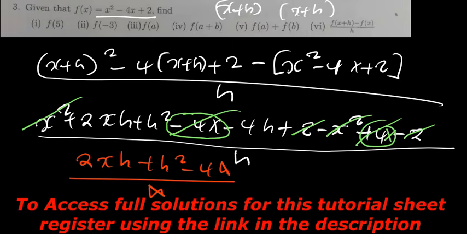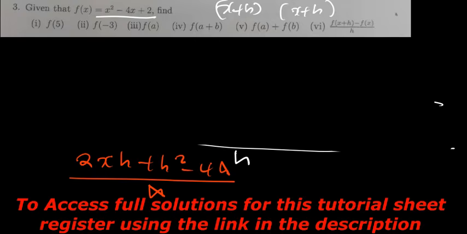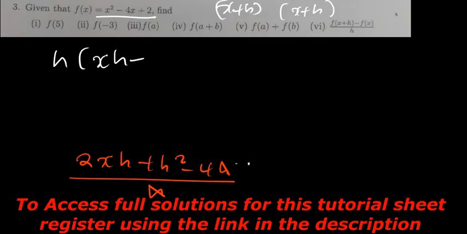Now, I'm not going to end here because I can clearly see that there is h everywhere on top. So I can factor out h on top. H open brackets, so I will remain with 2x plus h minus 4.